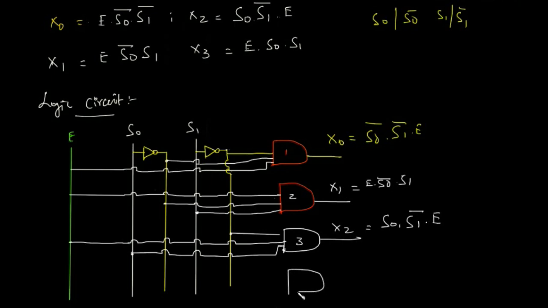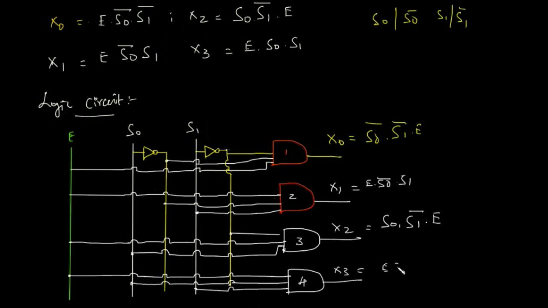The last one, the final one of this circuit, the fourth one, right? So directly tap an input from the enable, and this is from S0, and you can tap one input from S1 also, right?